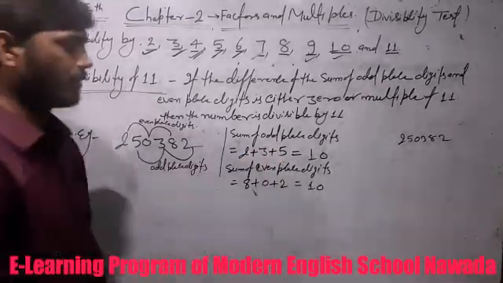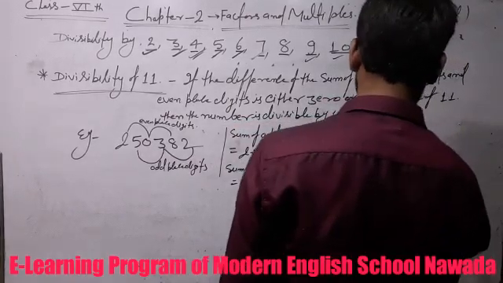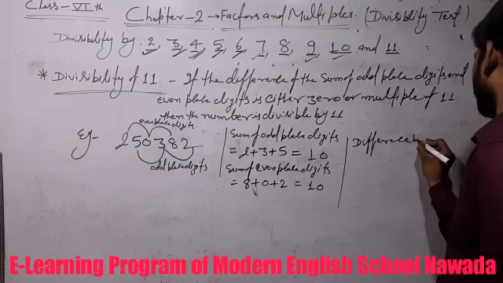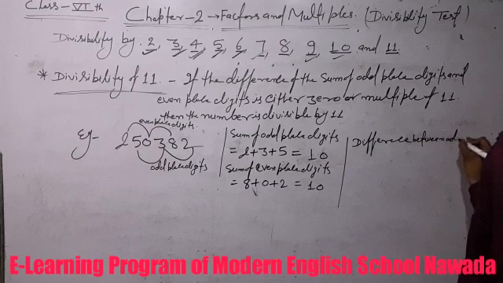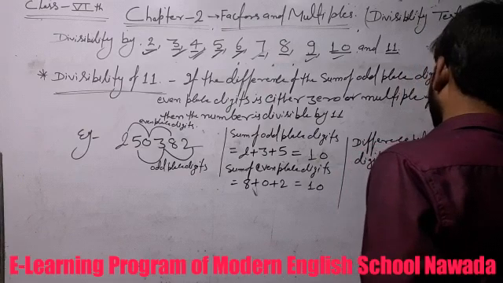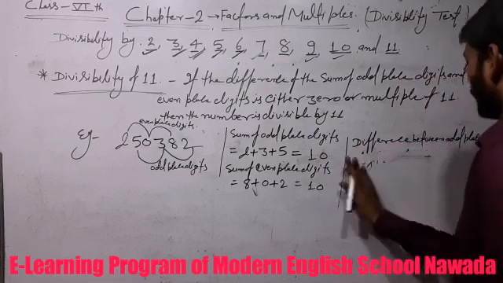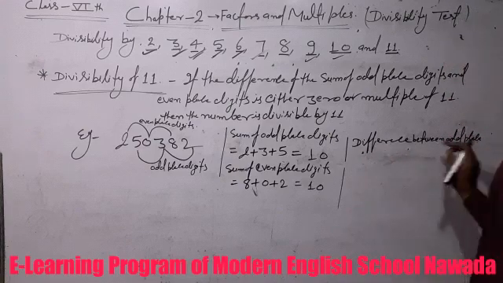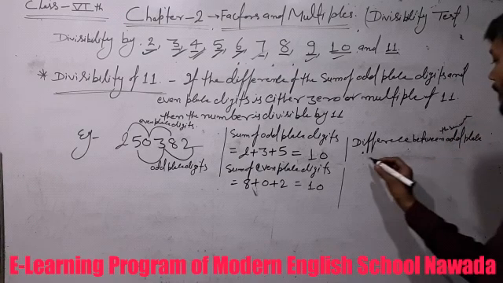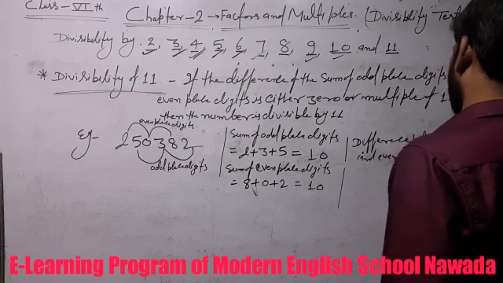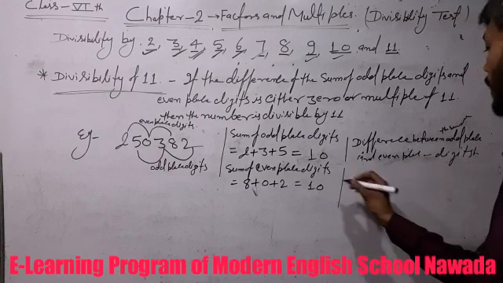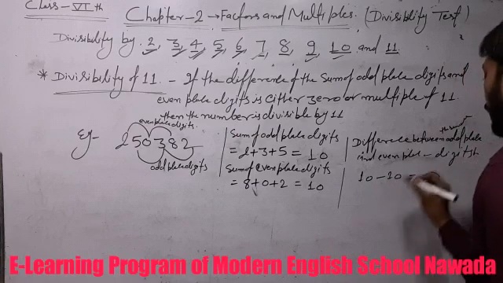After that, do the difference. Here the difference between the sum of odd place and even place digits will be 10 minus 10 equal to 0.